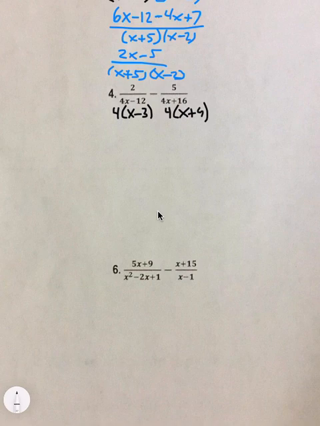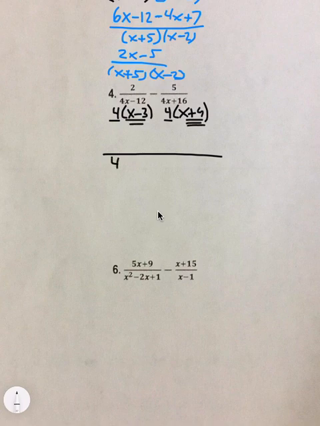So now you have to ask yourself, what is my common denominator? Well, they both have 4. I only need to list that one time. And then each of these are different. So 4 times x minus 3 times x plus 4.